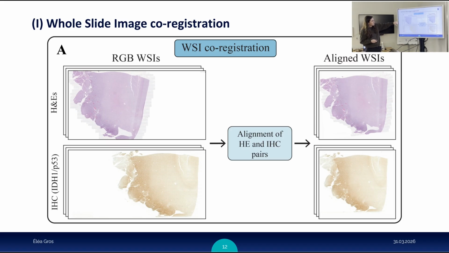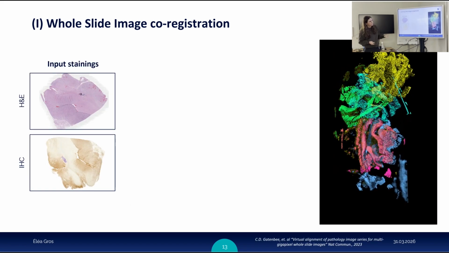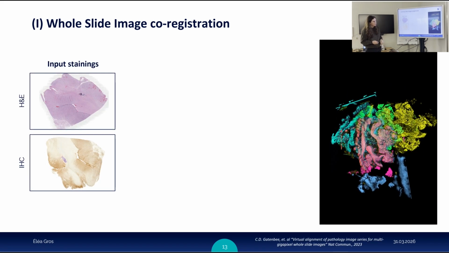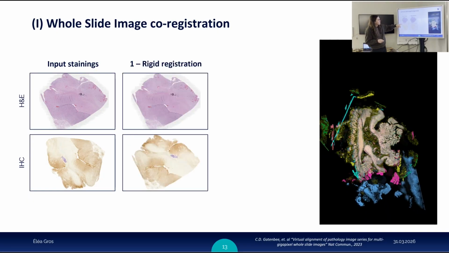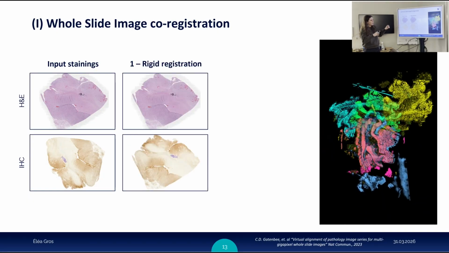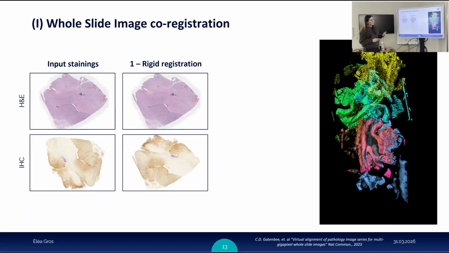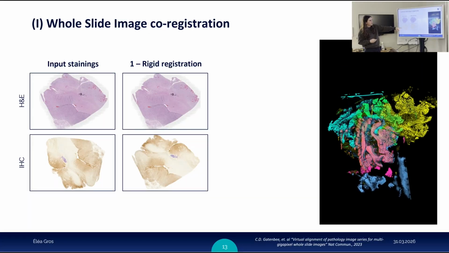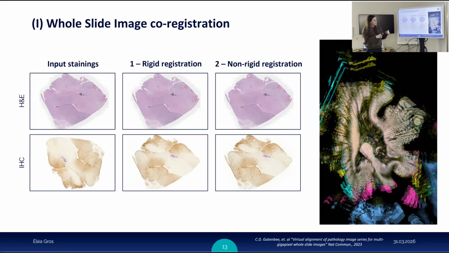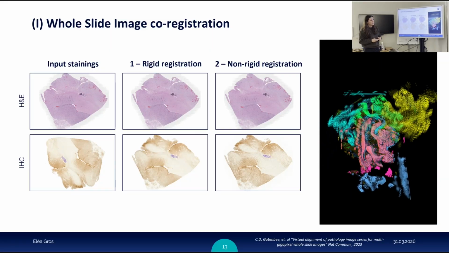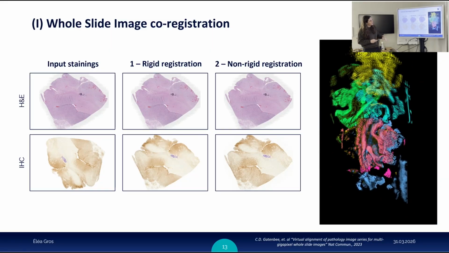But basically, we start with paired H&E and immunohistochemistry that we aligned using a software that was developed a few years ago, which basically aligns using first rigid registration, so basically just rotating and doing an affine transformation on the immunohistochemistry, and then a non-rigid registration, which matches more specifically the small details that you have in the different slides.